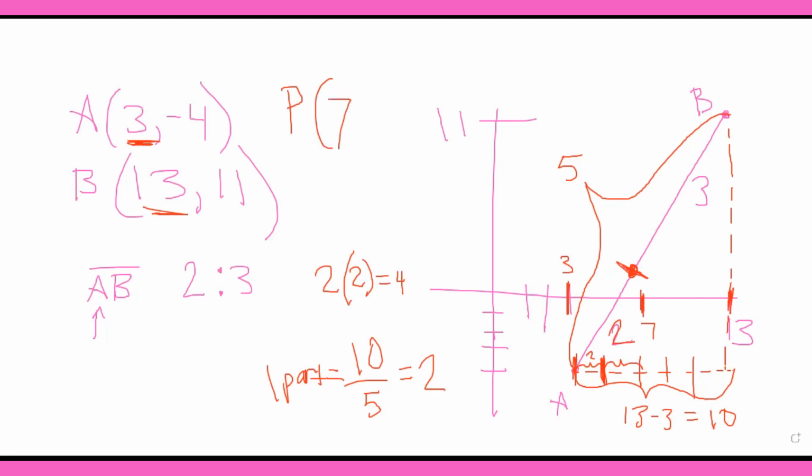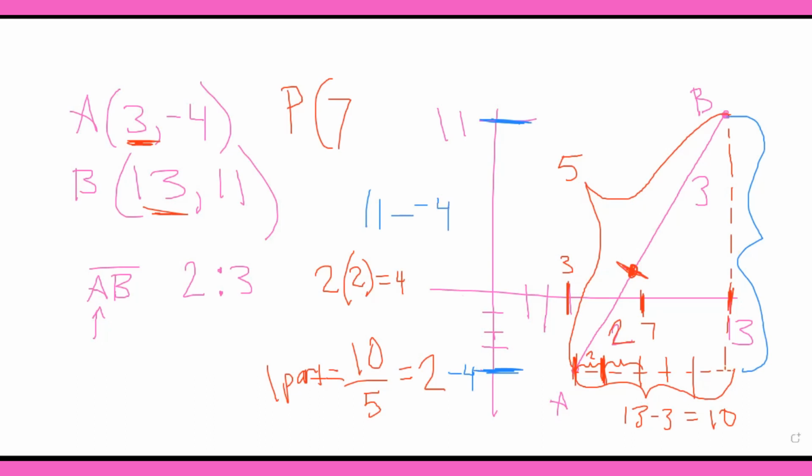So now I want to worry about the y. My whole distance here is, I'm up here at 11, and I'm going all the way down to -4. So that distance, we can think I'm going 4 to 0 and then plus 11. That would be 15. Or we can think about 11 minus -4.